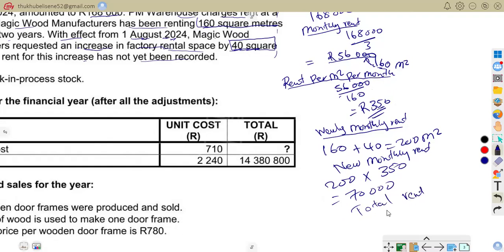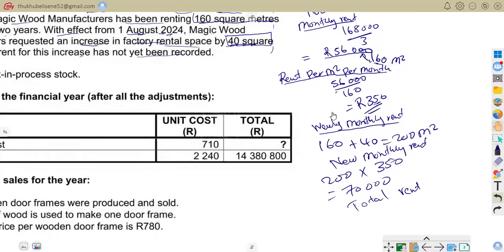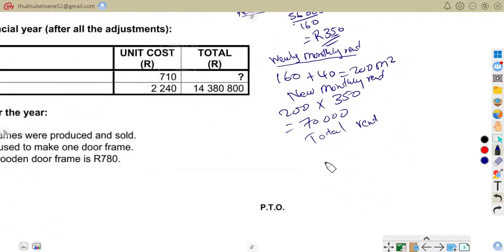Now calculate the total rent. For that, you are going to say 3 multiplied by 56,000, because it was for 3 months, which is 168,000.